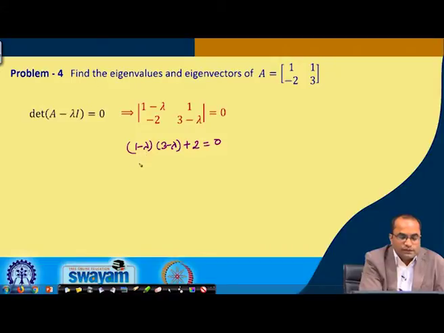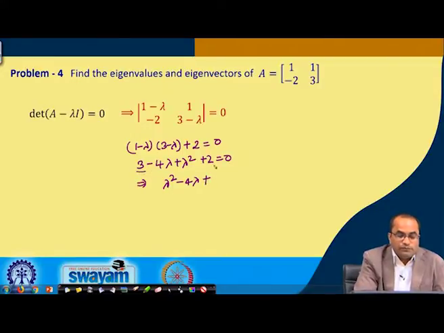So, let us do the calculation. We have 3, and then for lambdas we have minus 4 lambda, then lambda square plus 2 is equal to 0. So we are getting the equation lambda square minus 4 lambda plus 3 plus 2, that is 5, is equal to 0.